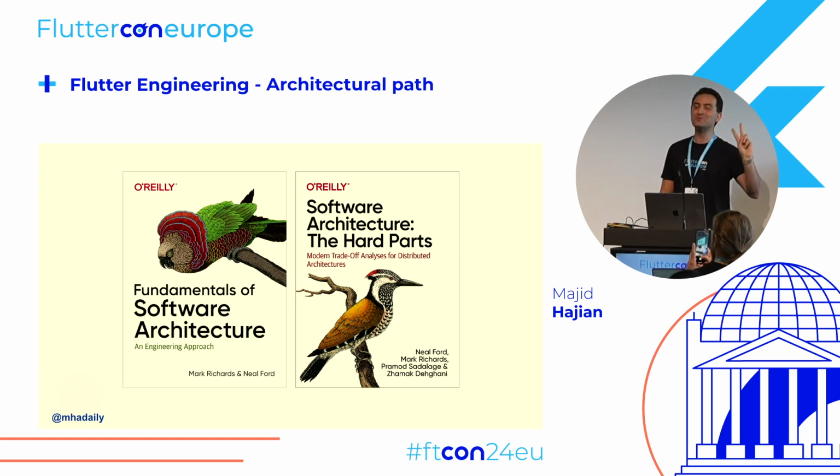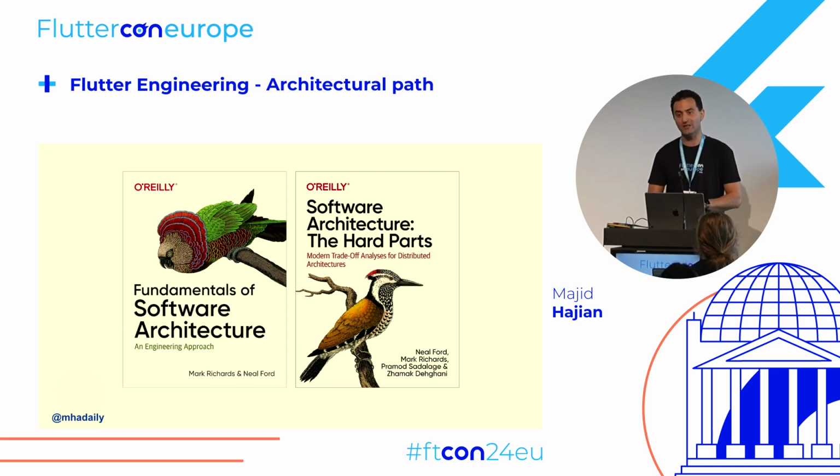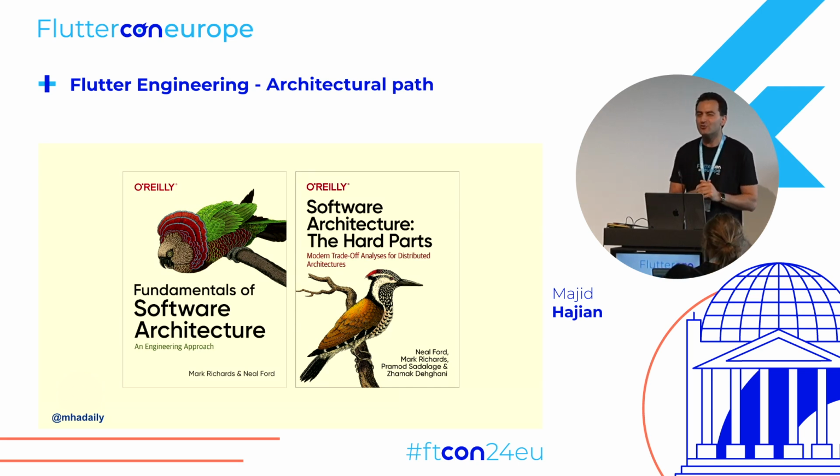The first one, I recommend Fundamentals of Software Architecture. I recommend everyone read it. It's actually quite easy to read, maybe 300 or 400 pages, and quickly goes through the styles. And the other one, if you are serious about architecture, read that and realize why event-driven is actually quite complex and where the hard part of it is.